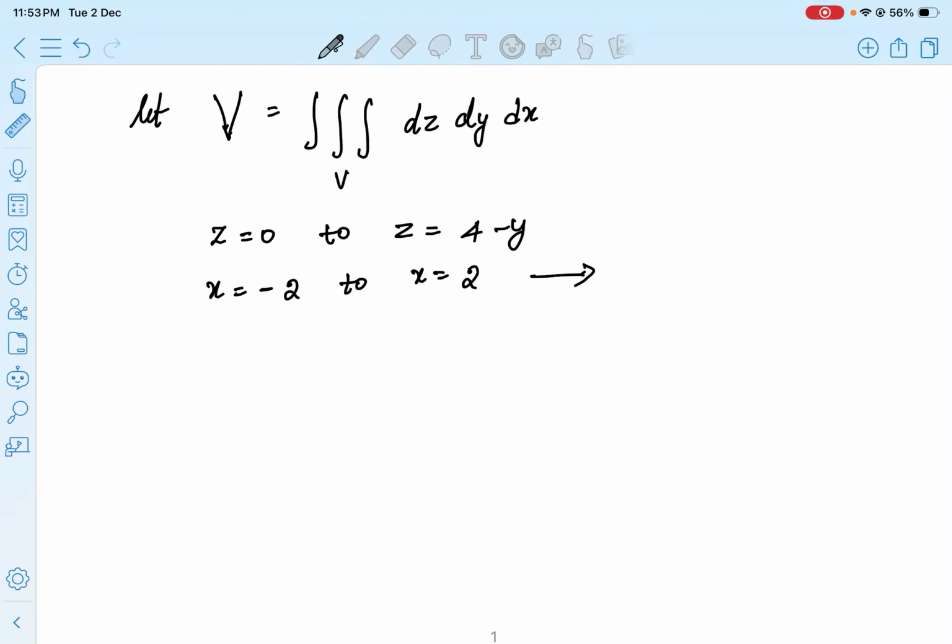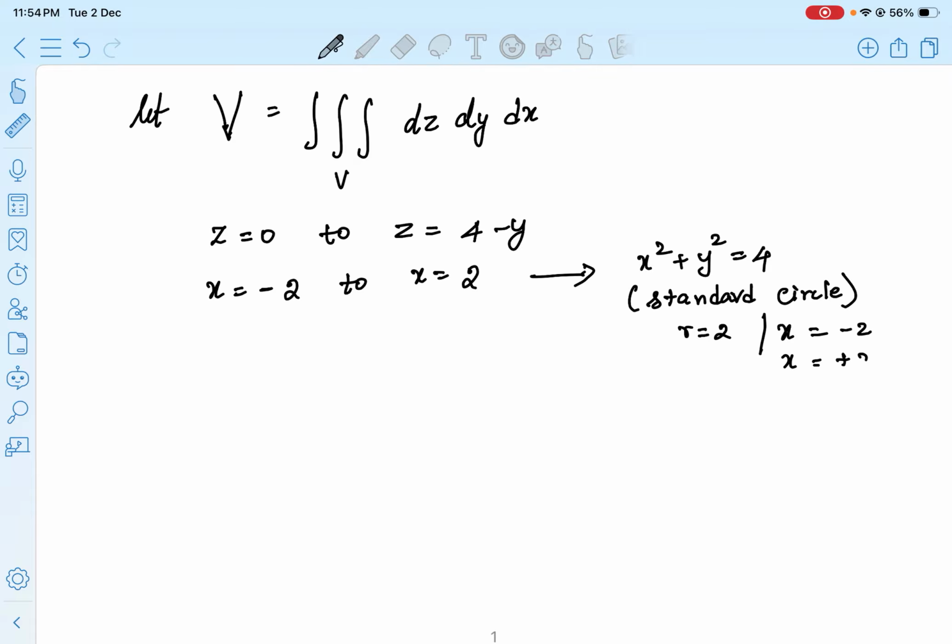Why? Because this equation is in the form of x square plus y square equal to 4, which is a standard circle equation. So for that equation our radius will be 2, right? So if the radius is 2 for a circle, then our x will vary from minus 2 to plus 2.